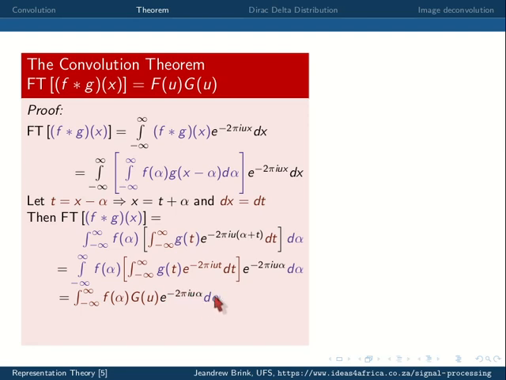We're integrating over alpha, so g hat of u does not depend on alpha, so we can move it outside of the integral. Okay, and we are left with the definition of the Fourier transform of f only. And so that basically concludes the theorem.